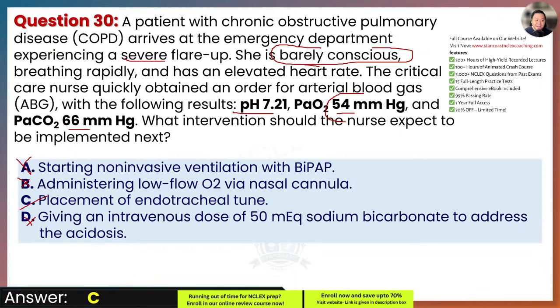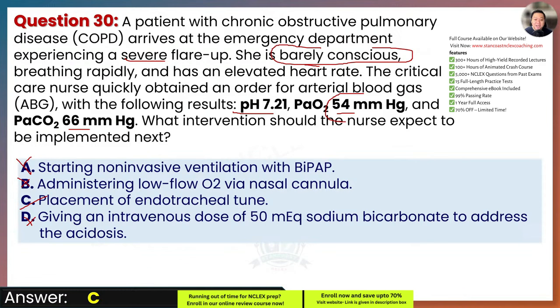Now, what about letter B? Administering low flow O2 via nasal cannula. Oxygen therapy is also critical for improving oxygenation in patients with COPD. But low flow oxygen via nasal cannula won't be enough in this case. Look at the values here. These are life-threatening values.